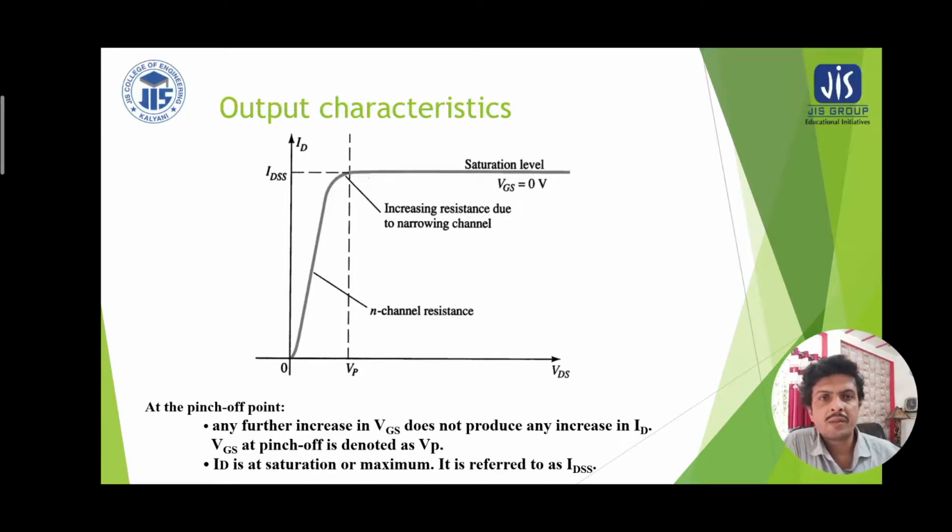At pinch off, any further increase in drain to source voltage does not produce any increase in the drain current. So the voltage at pinch off is denoted as Vp. The drain current ID at saturation or maximum is referred to as IDSS. So the drain to source saturation current is a typical constant value depending on a particular gate to source voltage.